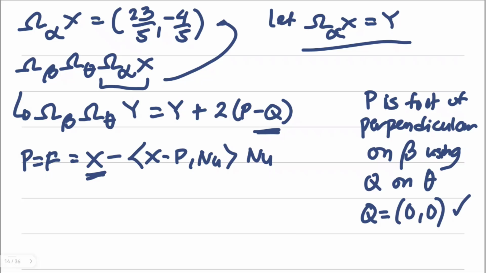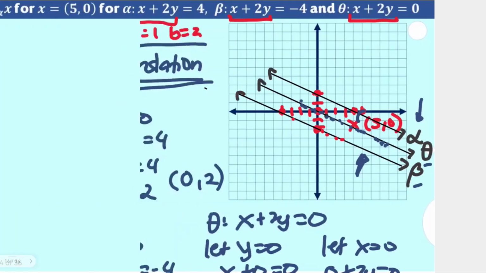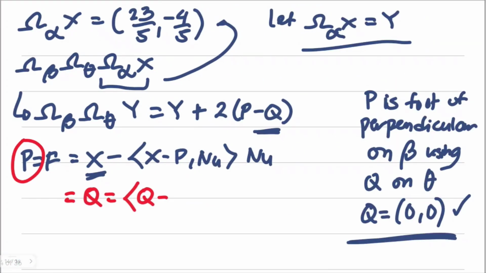It would be the reference point on our theta that we are using, and that's this point here. So when we try to revise this formula, it would be our Q, and Q minus, again, the P is not the P we used here earlier, nor the P we're talking about, because that's what we're trying to solve. P here is actually any point on our third line beta.